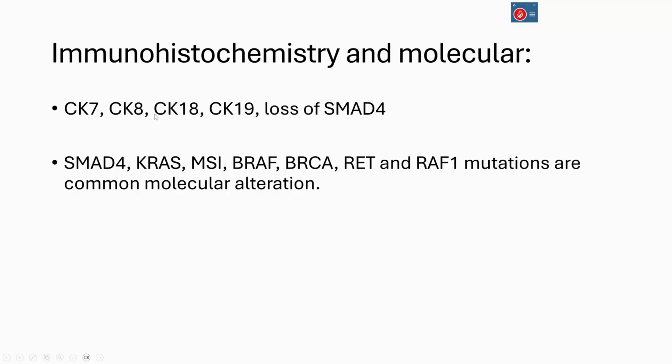CK19, CK18, 7, and 8 are usually positive in most of the tumors. Molecular findings are also very important for our oncologists, and there are some targeted therapies available against these molecular alterations. So KRAS, MSI, BRAF, BRCA, RET, and NRG1 are the most common molecular alterations found in ductal adenocarcinoma of the pancreas.